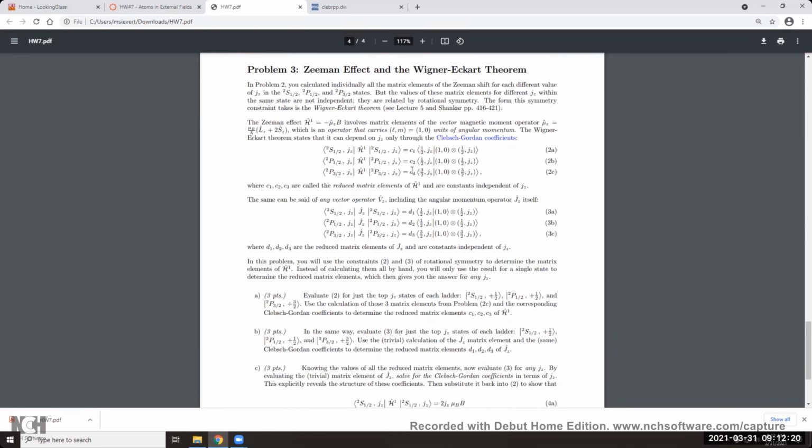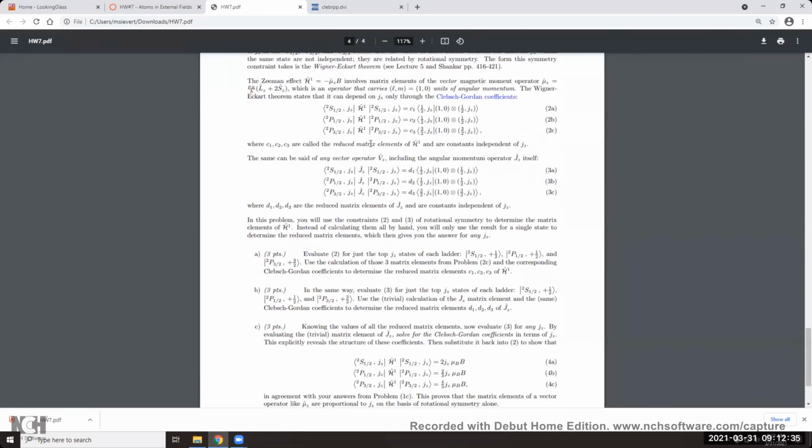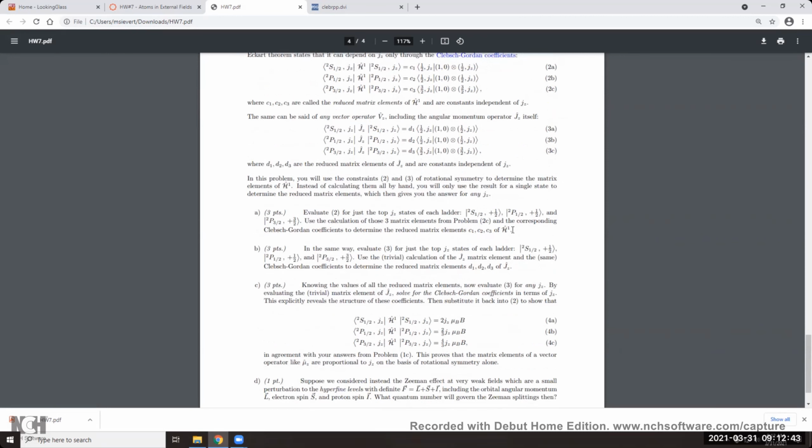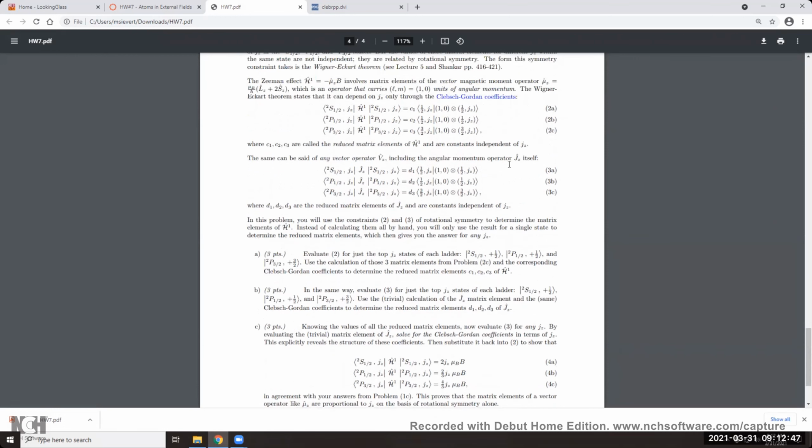These constants, C1, C2, C3, are called the reduced matrix elements of this Hamiltonian. And you can calculate them just once. Calculating these for one value of JZ is enough to determine them for all values of JZ. And you can do the same thing for any vector operator, including JZ itself, and you get a different set of reduced matrix elements. So the exercise here is to reanalyze the same result you had before in this context.